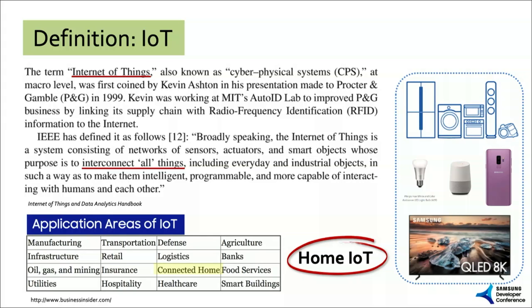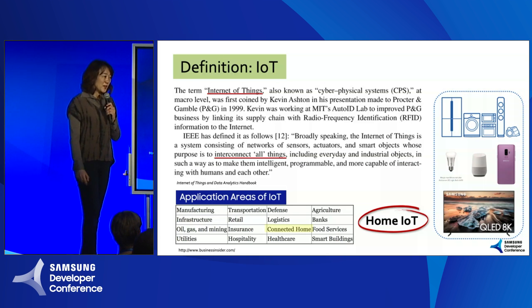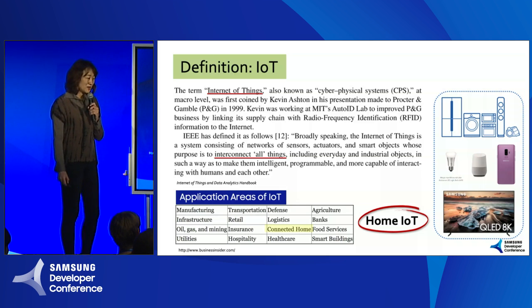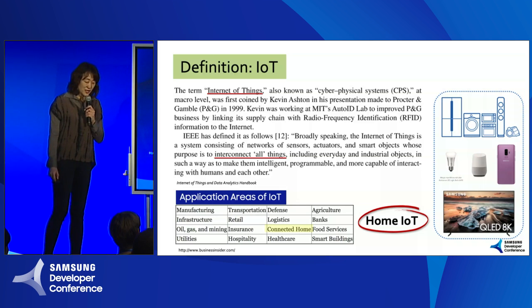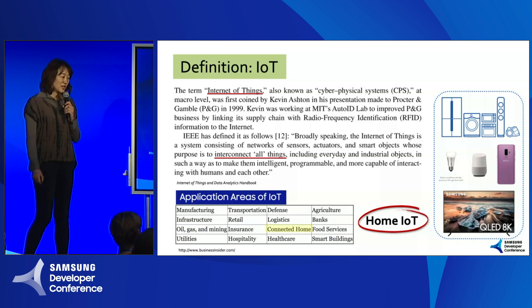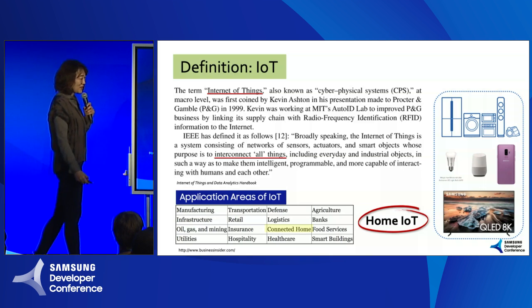What's important here is that we need to interconnect all things, right? Including appliances and small things such as light bulbs. And there are so many different areas of IoT. Today I'm going to focus on connected homes, or home IoT, okay?